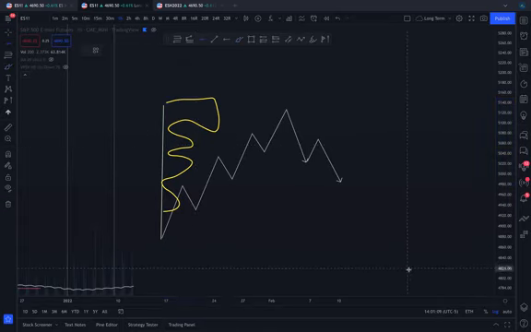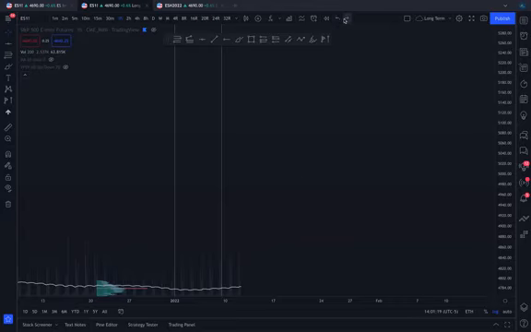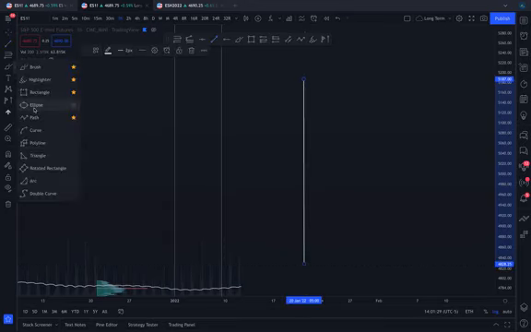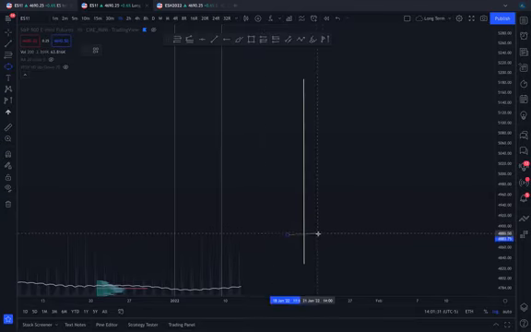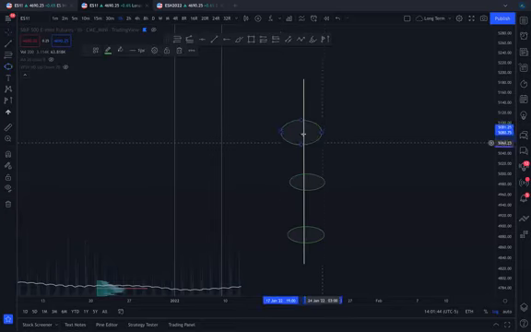So let's just take this as that previous idea. We've got price moving upward, and we've got liquidity pockets along the way. This is just a very crude representation, but doing my best.